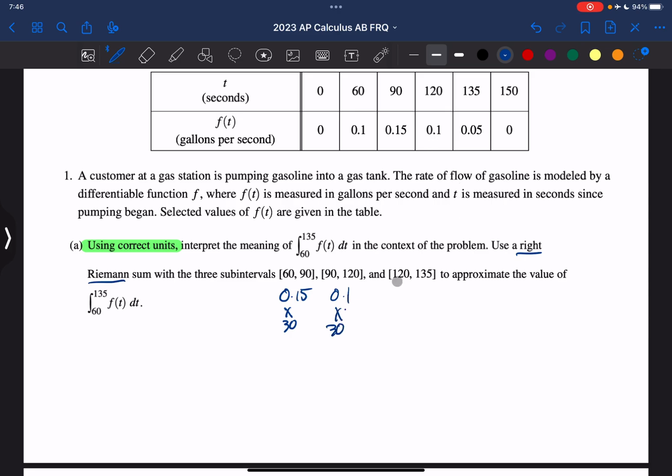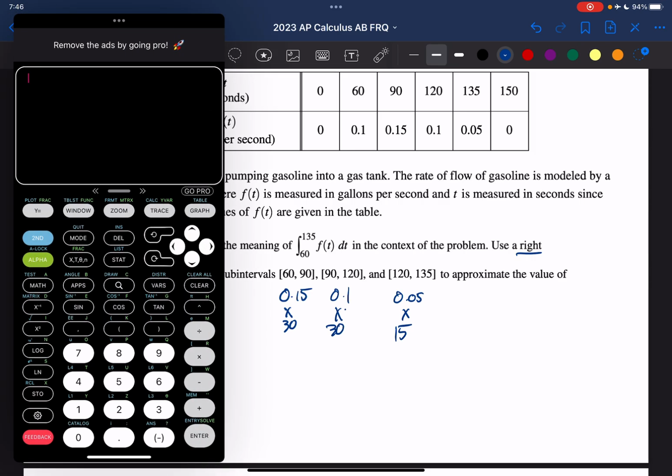And then 120 to 135, the right value for this is 0.05 times 15. So when we multiply, 0.15 times 3 gives us 0.45. 0.1 times 3 gives us 0.3. And then 0.05 times 15 gives us 0.75.